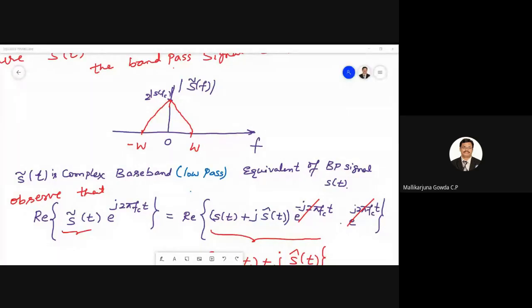Okay. So now, hope you are at least able to say what is the complex envelope, at least the mathematical expression. S tilde of t is equal to S plus of t, that is the pre-envelope of the bandpass signal, into e power minus j 2 pi fct.